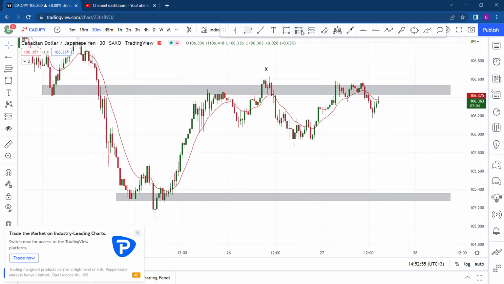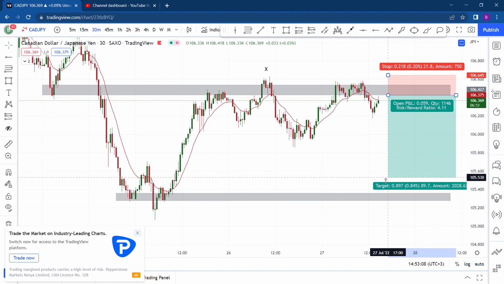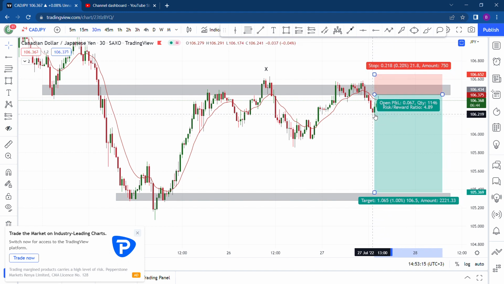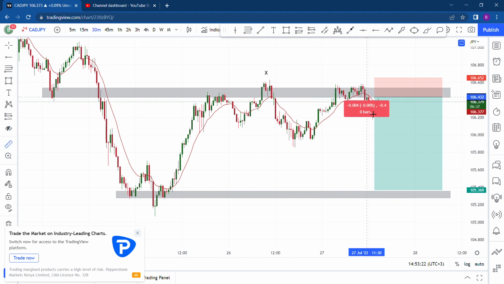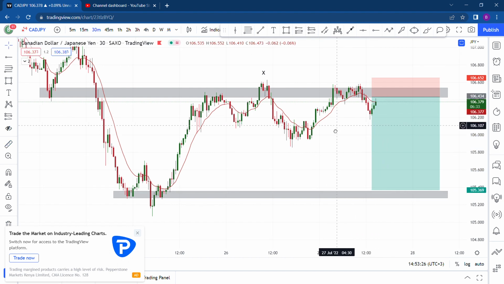So with the risk reward ratio, short position, because our entry is at this point. So risk reward ratio, our SL is supposed to be here. So we are targeting around 100 pips.